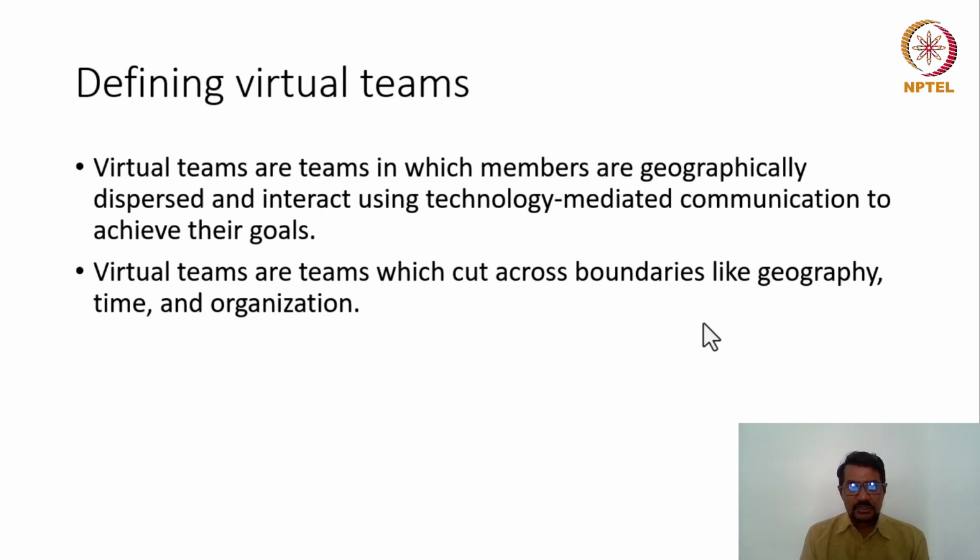So traditionally, virtual teams are considered to be one specific type of team, which means there is a differentiation between virtual teams and face-to-face teams. It's looked at as if virtual teams are very different from face-to-face teams.